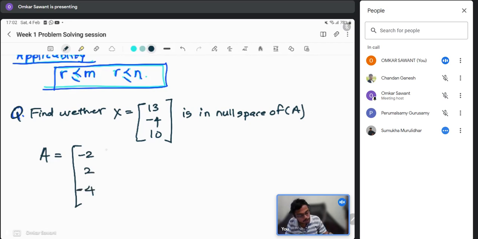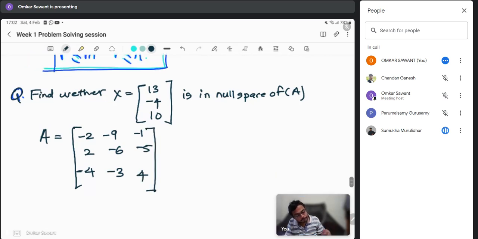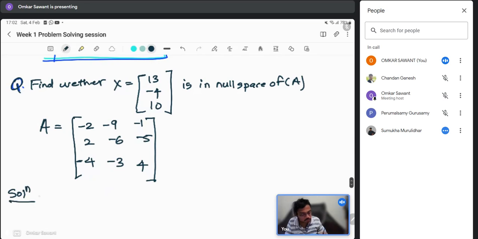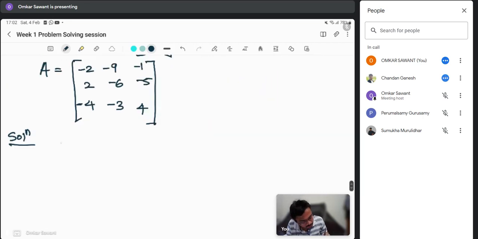The question is whether the x vector is in the null space of A. Sir, we could multiply A into x to find whether it is the zero vector or not, right?